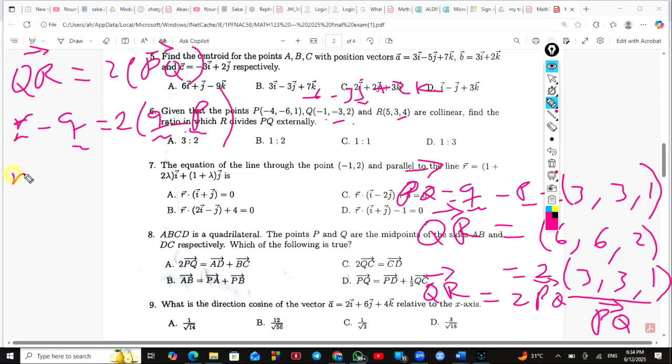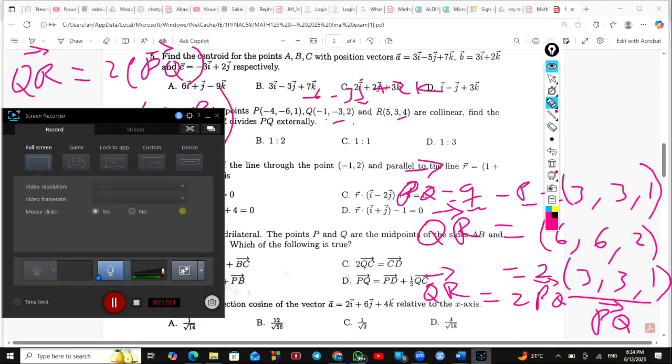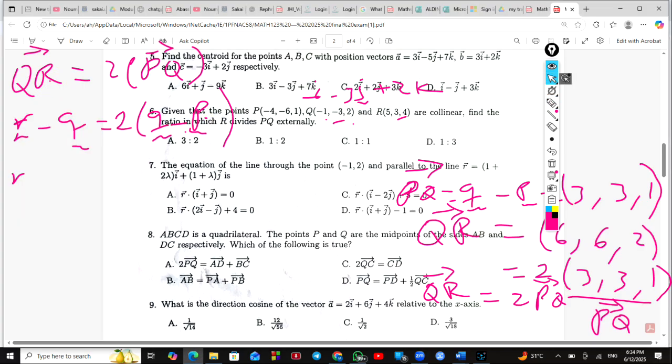and we'll have the vector r equal to 2 times q, which is 2q.